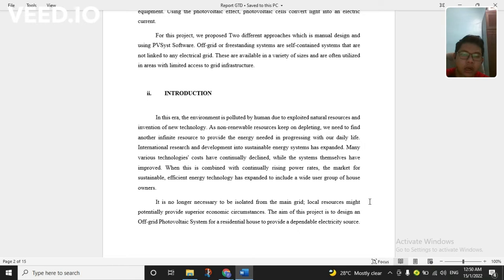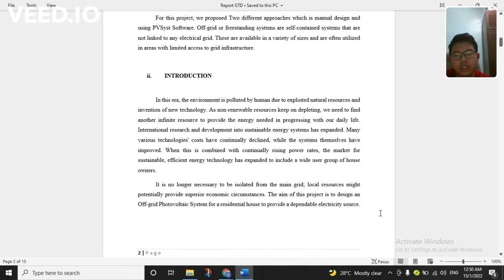With this combined, the technologies and systems can be sustainable by an individual. So it is no longer necessary to be isolated from the main grid. The local resource might provide superior economic circumstances. The aim of this project is to design an off-grid photovoltaic system for a residential house to provide a dependable electricity source.